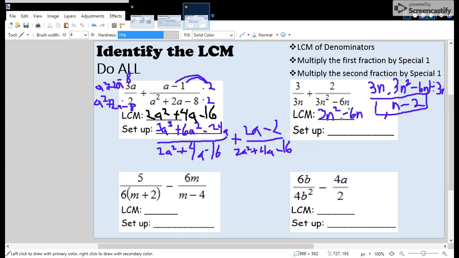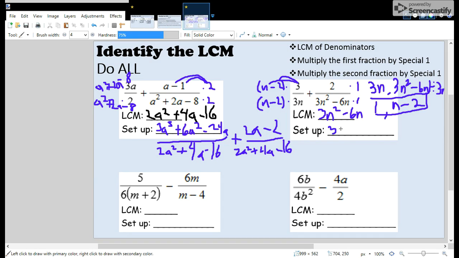Okay, go ahead, pause the video, see if you can figure out what the two complements are. Okay, the complement for the first fraction is n minus 2, because n minus 2 times 3n gives you the LCM. The second fraction's complement is only 1, so you're going to multiply those by 1. Once you multiply those out, 3 times n is 3n. 3 times negative 2 is negative 6.